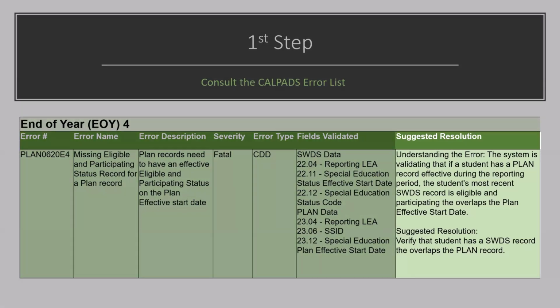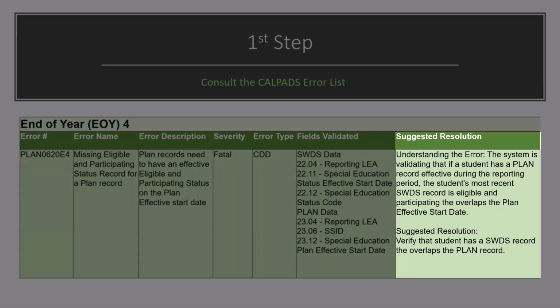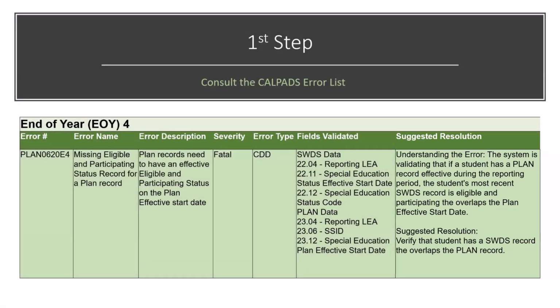And then the suggested resolution. First, it gives you detail to help you understand why the error is triggering. The system is validating that if a student has a plan record effective during the reporting period, the student's most recent status or SWDS record is eligible and participating and overlaps the plan effective start date.